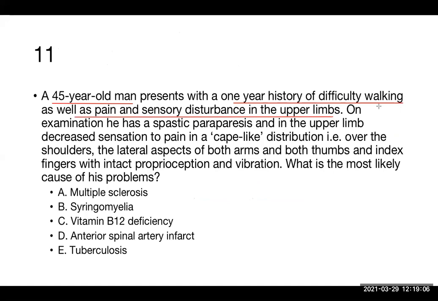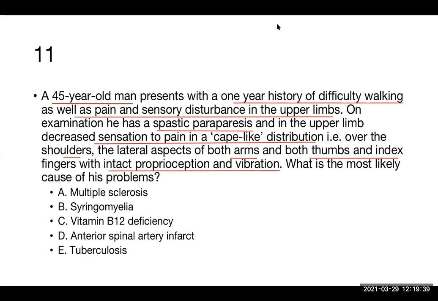On examination, he has a spastic paraparesis, and in the upper limb, decreased sensation to pain in a cape-like distribution, that is over the shoulder, the lateral aspect of both arms and both thumb, as well as index finger, with intact proprioception and vibration.